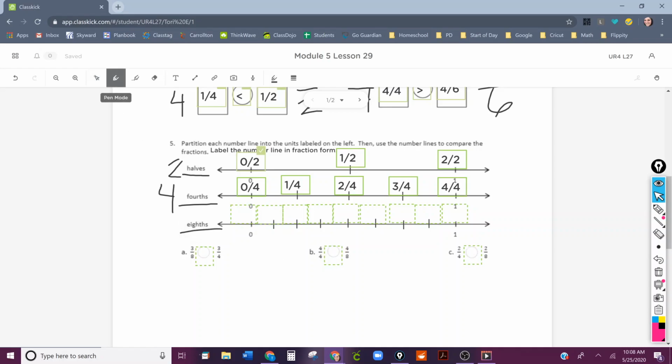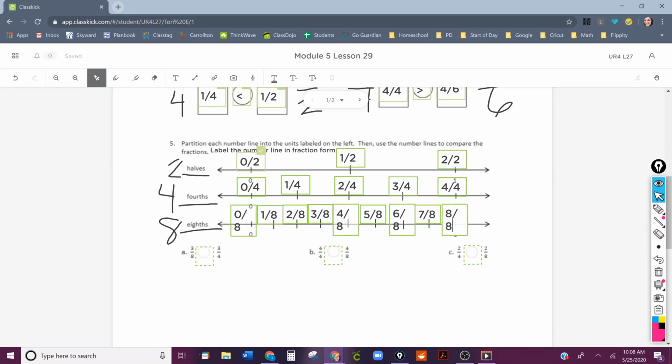Finally, we're at eighths. Eighths we know is 8 pieces. So we start with 0 eighths, 1 eighth, 2 eighths, 3 eighths, 4 eighths, 5 eighths, 6 eighths, 7 eighths, and 8 eighths.